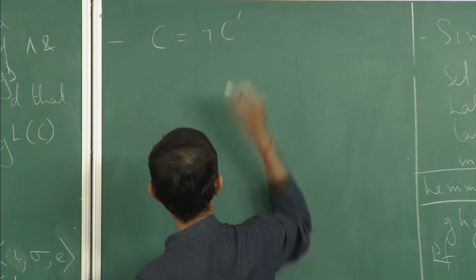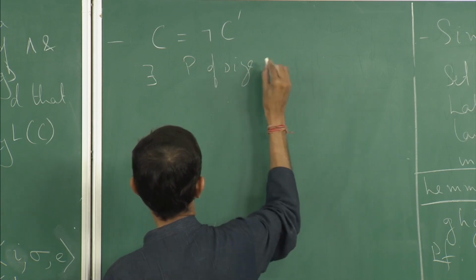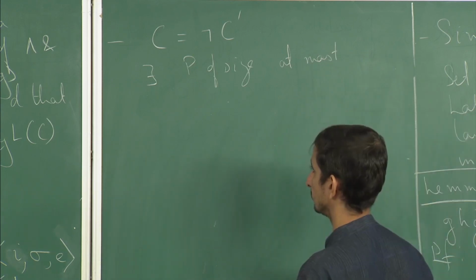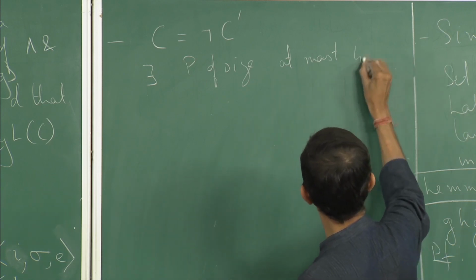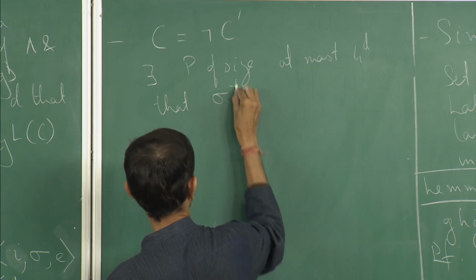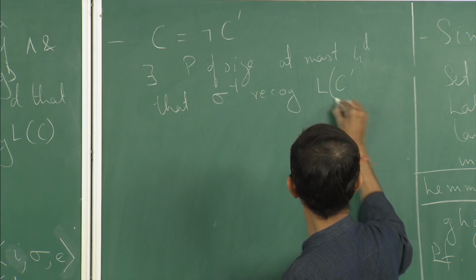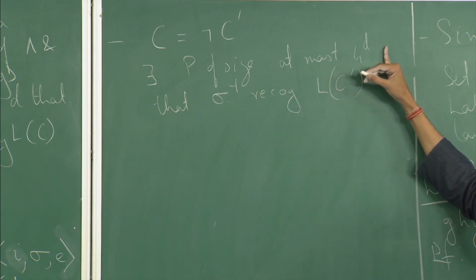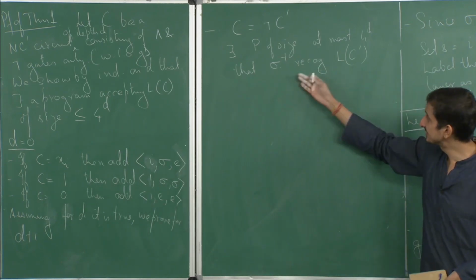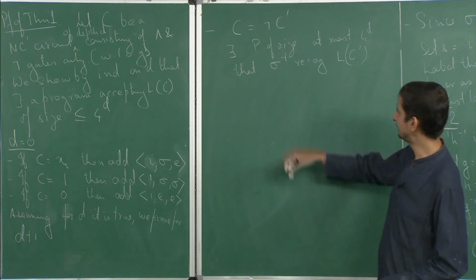So, C is something of the form NOT of C prime. We know that there exists a program P of size at most 4 to the power D that, let us say, sigma inverse recognizes L of C prime, where C prime is a circuit of depth D. Even if I say there is a program which sigma recognizes L of C prime, by applying lemma 3, we get another permutation that would recognize it for some other 5 cycle.